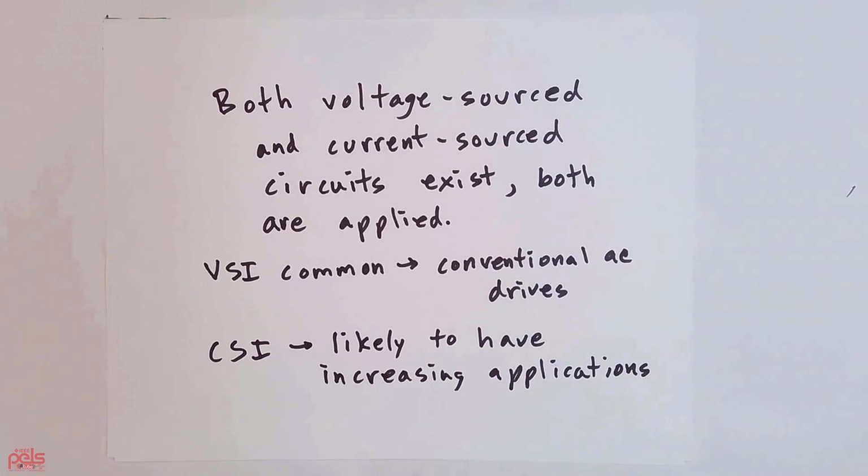They were used less because that series blocking switch combination tends to have higher on state losses. But with the new wide bandgap devices, that distinction is beginning to go away. So in the future, we're much more likely to see a sort of a democratic mix of VSI and CSI circuits for a variety of applications.